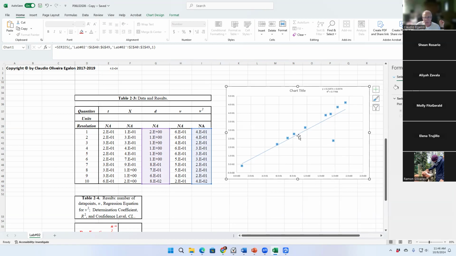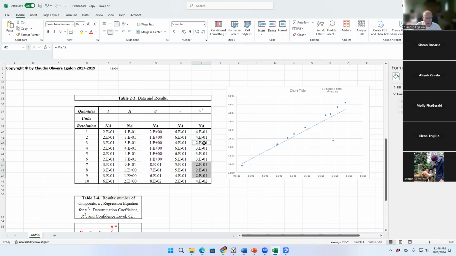That's D, that's V squared, anywhere between 2 times 10 to the minus 1. Okay, it might be 1, 2, 3, 4. There are 4 possible candidates, right? 1, 2, 3. Okay, this guy, and then also 1 times 10 to the 0. Strange.